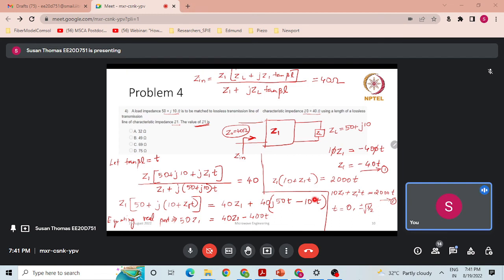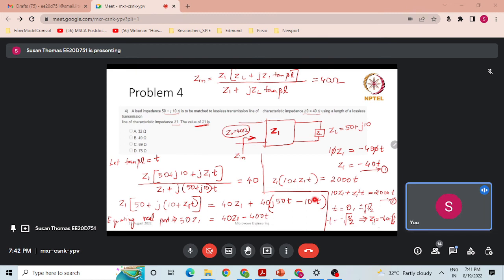Now suppose I make it plus root 3 by 2, Z1 comes out to be a negative number. That is also not possible. So we need to choose T equal to minus root 3 by 2, which will give me the answer for Z1. That is minus 40 into minus root 3 by 2.